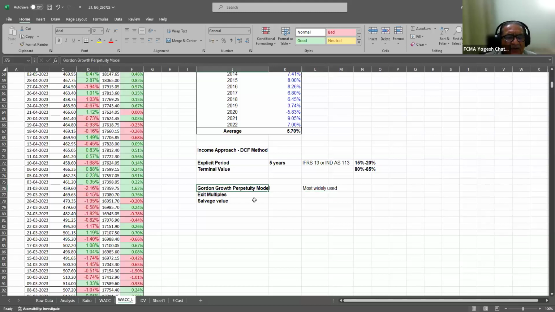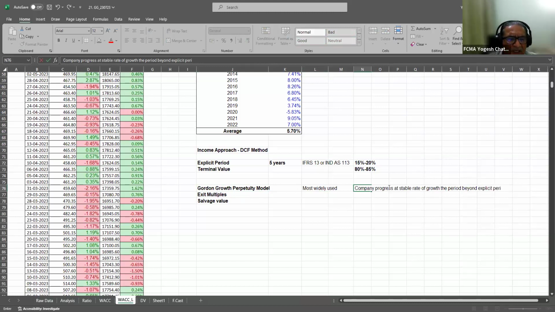And here, as its name suggests, a Gordon growth perpetuity model or the Gordon growth stable rate model, it will be assumed that the company for which we are doing the valuation will progress at a stable rate of growth during the period beyond the explicit period.